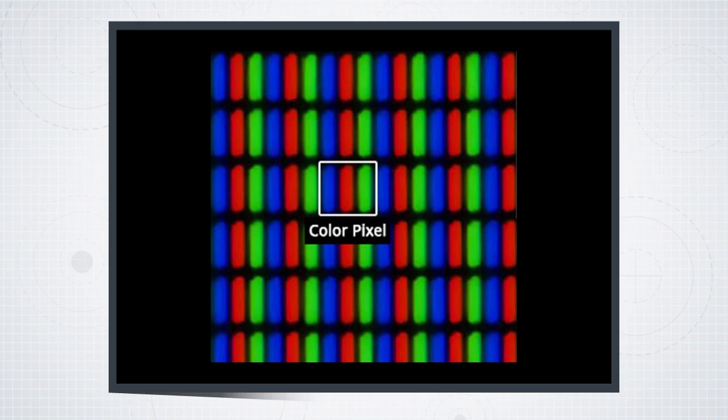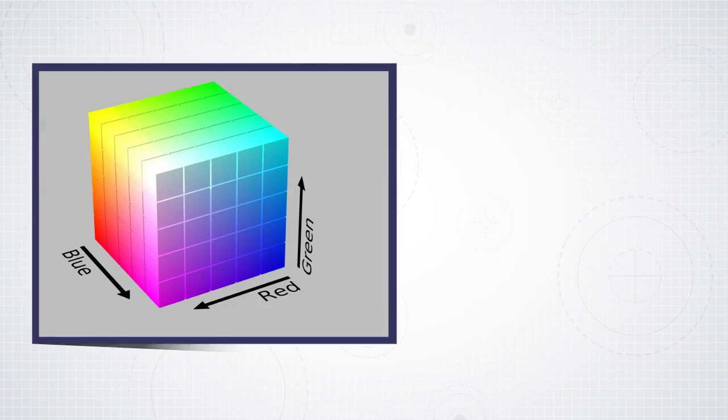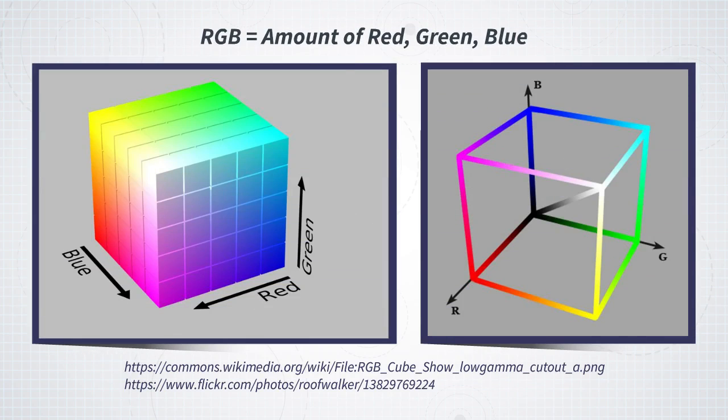Now, if we represent the RGB space as a three-dimensional space, basically as a cube that shows all the possible colors that can be created by specifying different amounts of blue, green, and red, this is what you obtain. This is a representation of the color cube obtained with RGB.